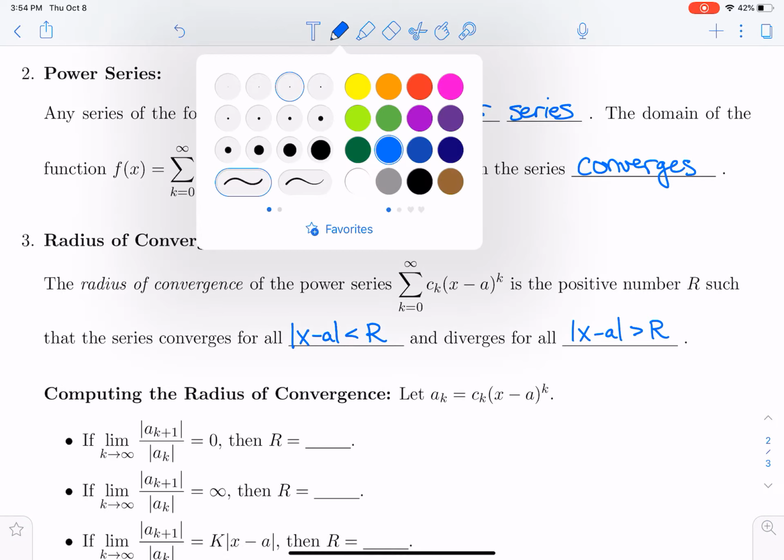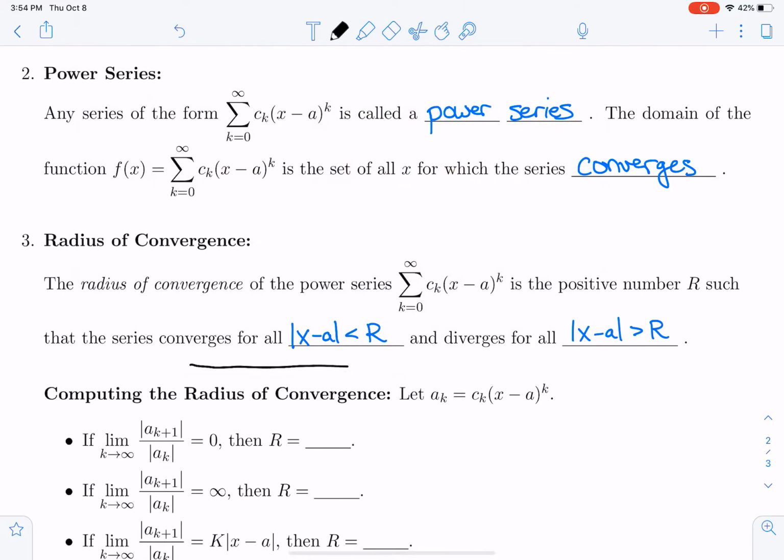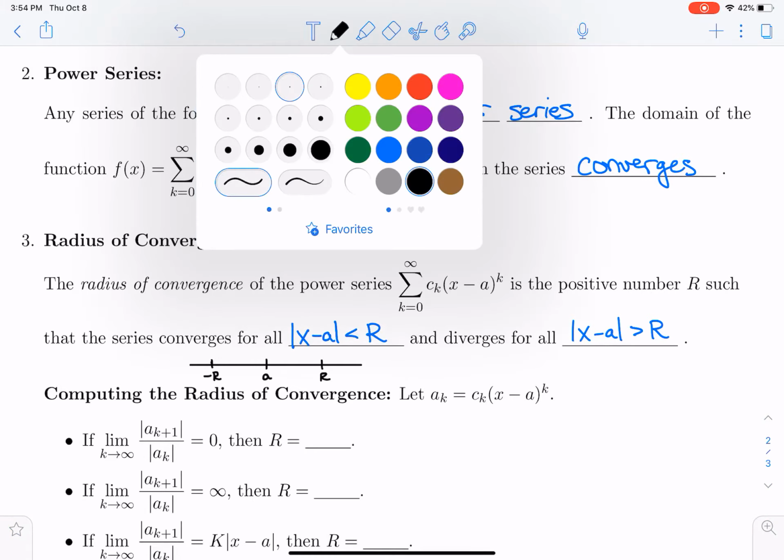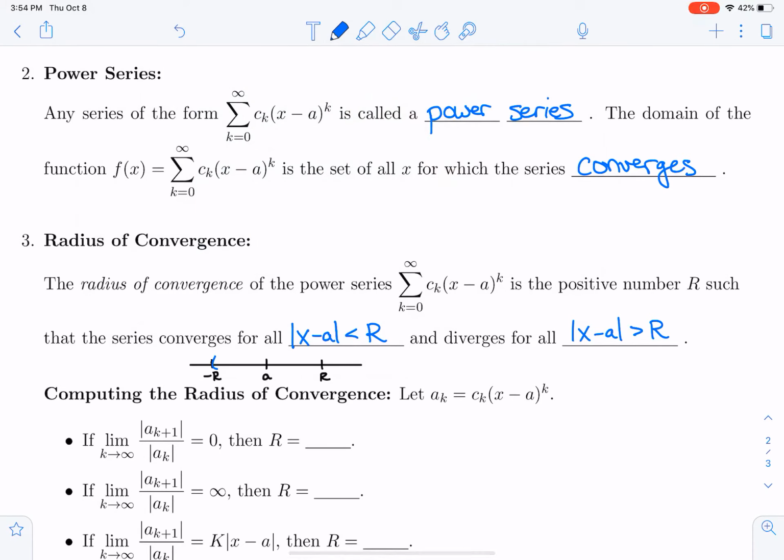This is called a radius of convergence because what we like to think about is a point a on the number line, and then we can move out a distance r from a in both directions. The interval where the absolute value of x minus a is less than r is this open interval right there. And we say that we have convergence within that open interval and divergence outside of that interval.